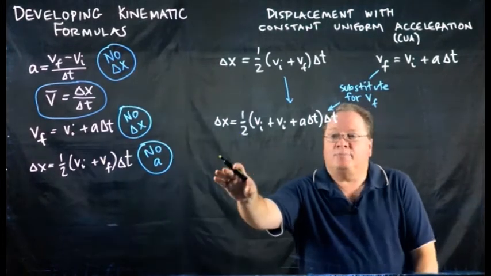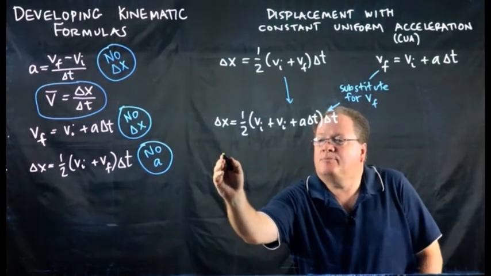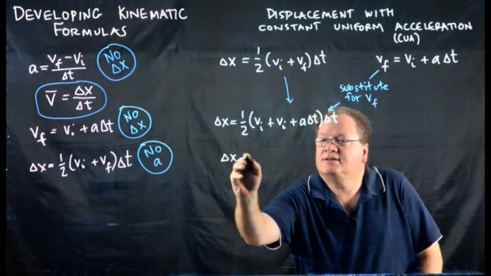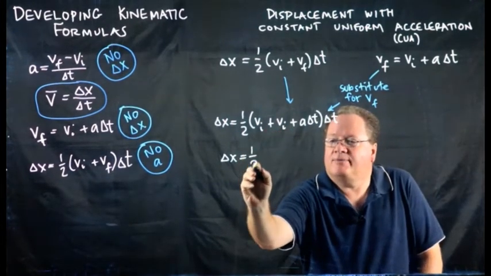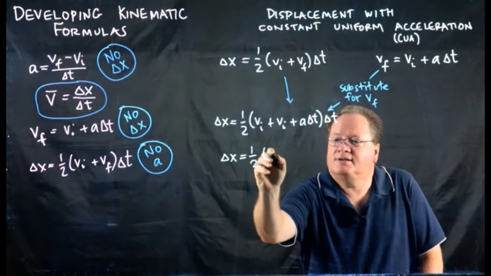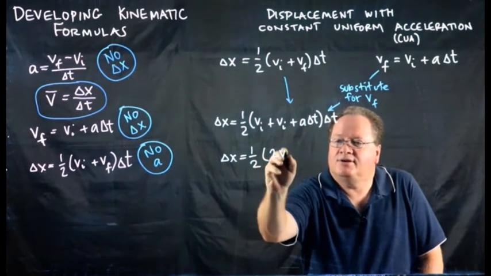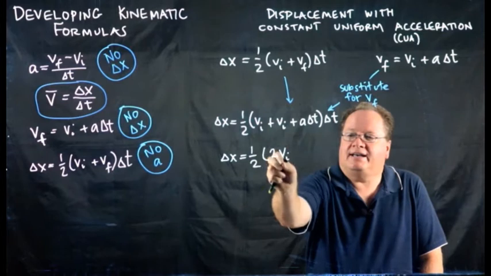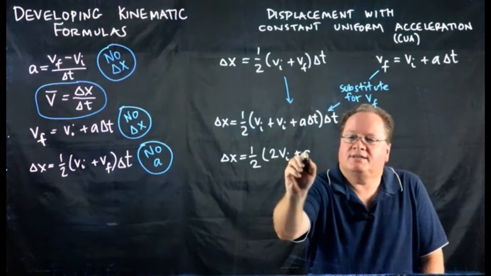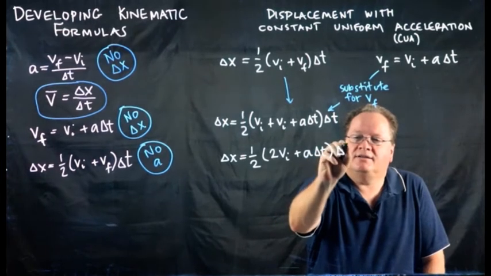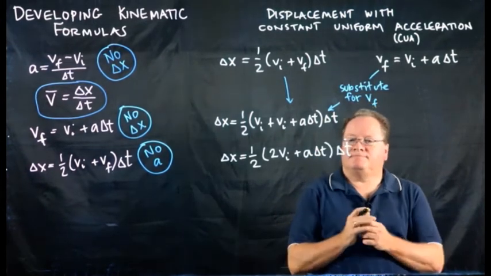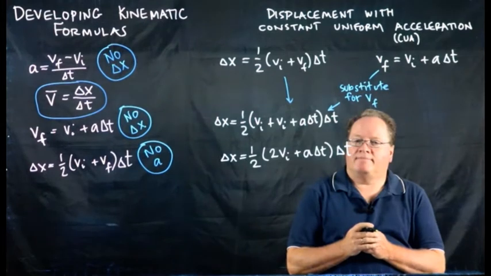If I simplify this, I'm going to end up with delta x equals, I'm going to go ahead and simplify what's inside of those parentheses. This is going to be 2 vi, these two added together, plus a times delta t, and then times delta t on the outside. Okay?